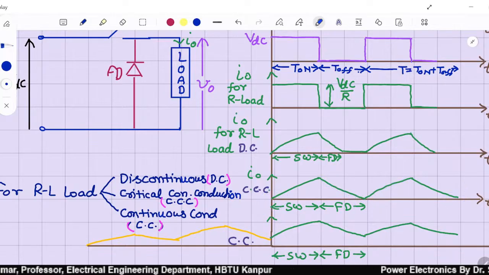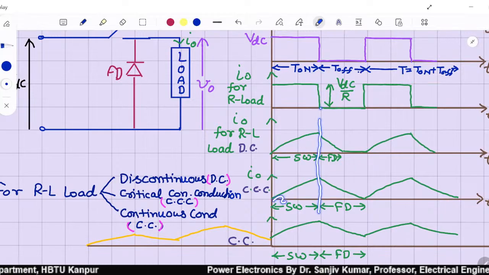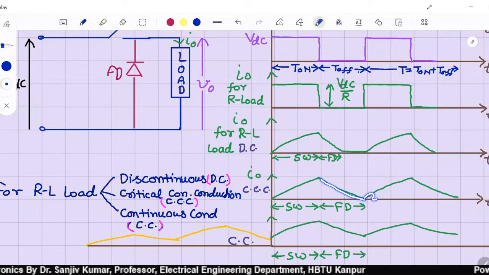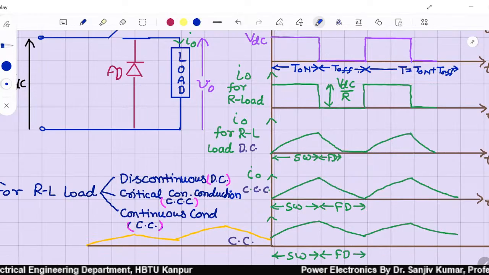During T on, the switch is on and current flows through the switch, and when the switch is off, for the entire period current is flowing through the freewheeling diode. And if it is continuous conduction, then all the time current is flowing like this.